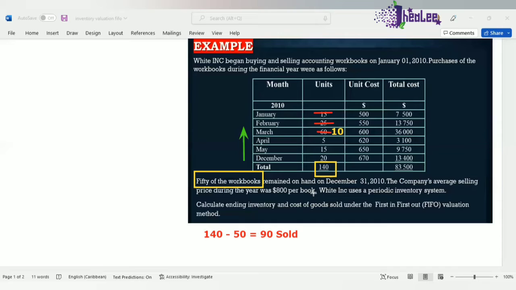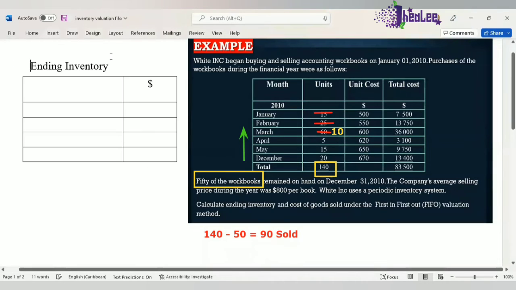So remember, when you're valuing your closing inventory using the first in, first out method for a business that uses a periodic inventory valuation system, you start from the bottom and you add to the top until you get the number of units that you have on hand. So let us now move into doing the calculation of our ending inventory.